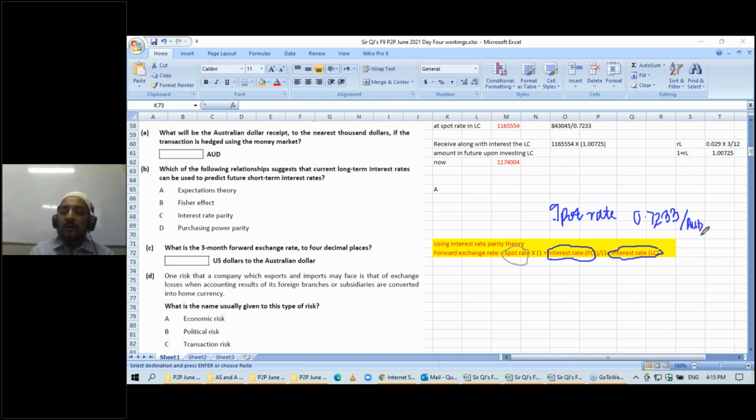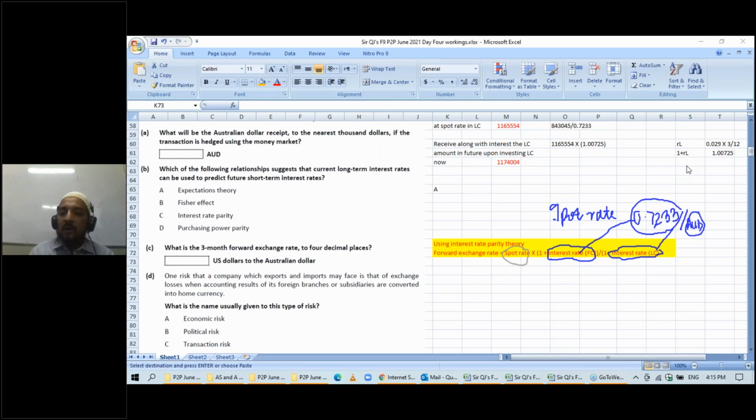So the interest rate of the Australian dollar will appear as it is appearing over here. Okay, so this is the way we judge.